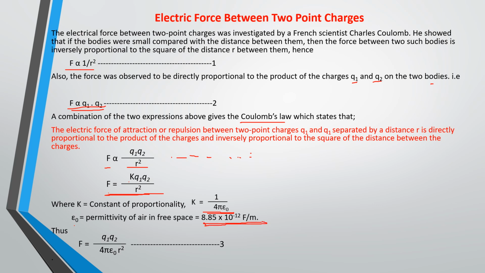So the whole equation can now be written like this. Depending on the equation you are given, this is the equation you use to find the force of attraction or repulsion between two point charges separated by a distance r.